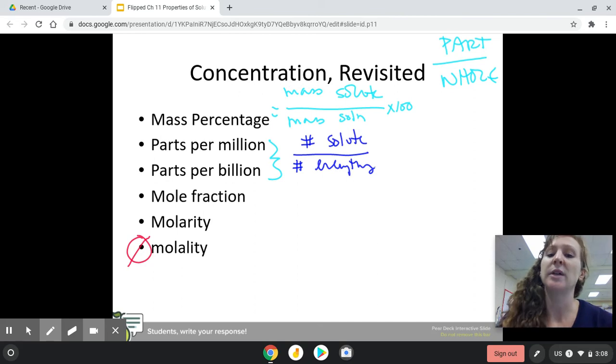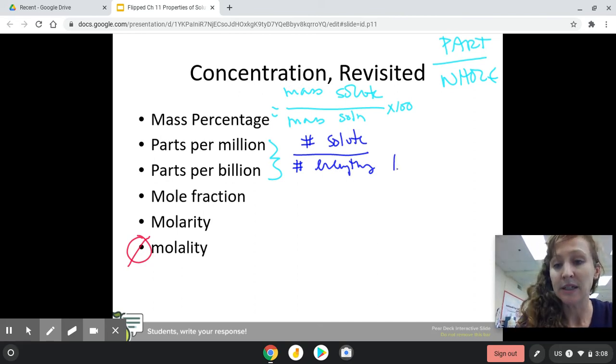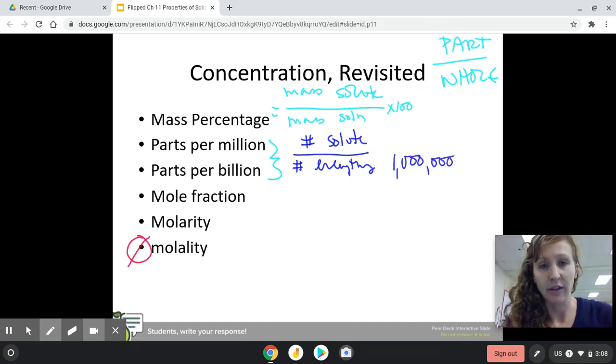And so parts per million would be like the number of solute per million other parts. And by parts, they mean molecules usually, right? So if you're testing for mercury in a river, how many atoms of mercury do you find per million molecules total?